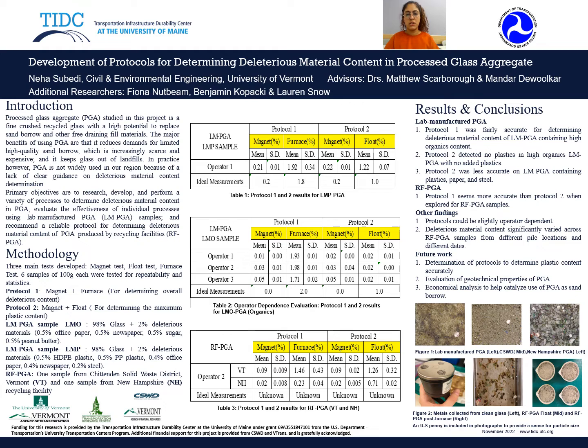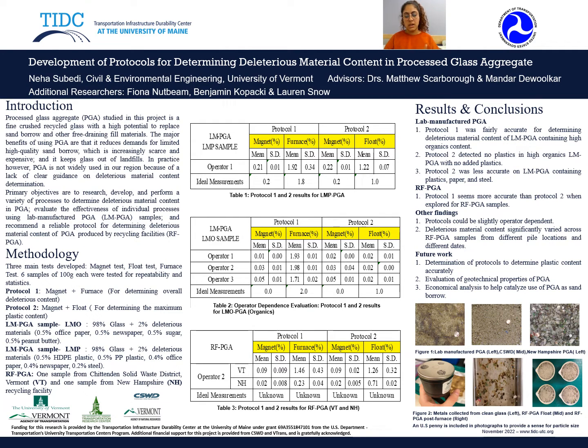The deleterious materials that are usually found are different shapes, sizes, and types of plastics, papers, metals, ceramics, and organic contents such as food waste. These deleterious materials negatively impact the geotechnical properties of PGA as well as the environment.